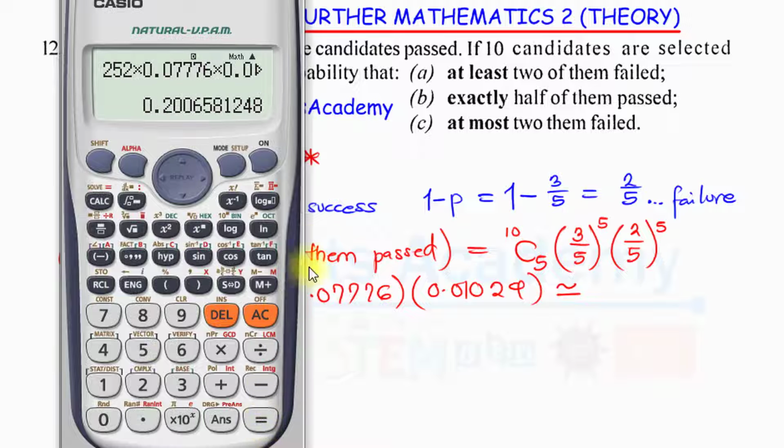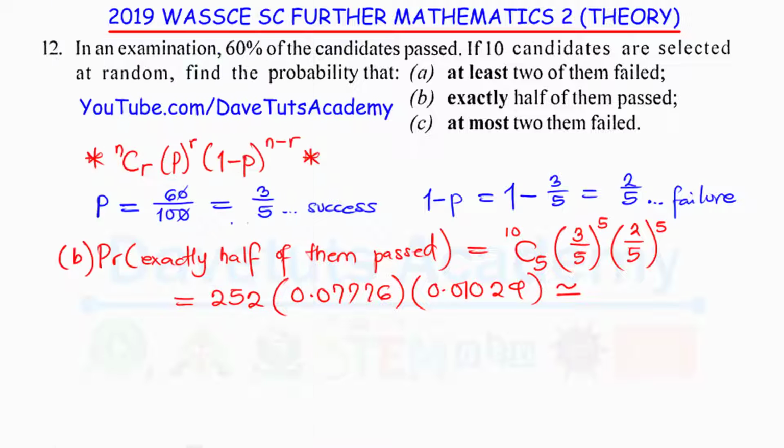Okay, so this is 0.200. I want it in 4 decimal places, so I will round it up to 1 and add to 6. So this is approximately 0.2007 as a probability that exactly half of them passed. Okay, so we are almost through.